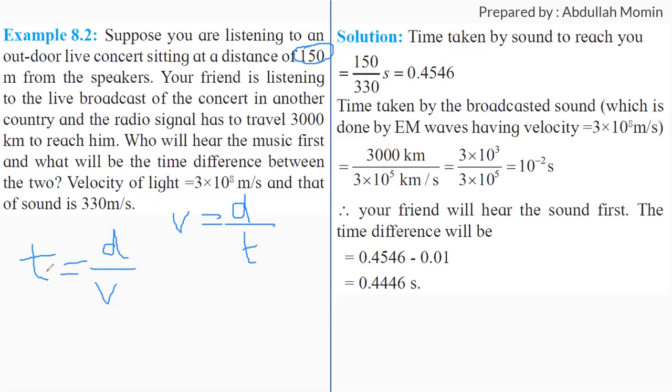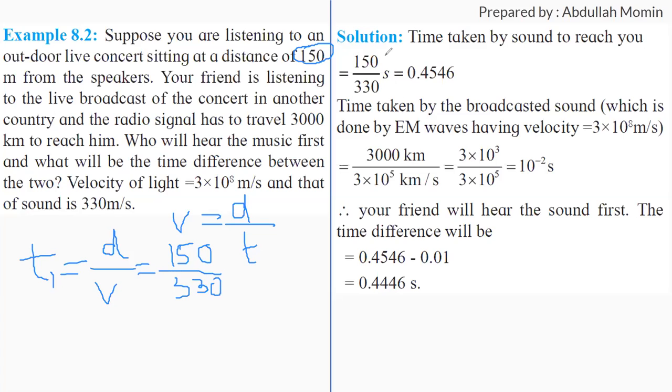So time taken by the sound to reach from speaker to you is t1, and it can be written as distance upon velocity. So while sound is traveling from a speaker, it is covering a distance of 150 meter, and it is moving with the velocity of 330 meter per second.